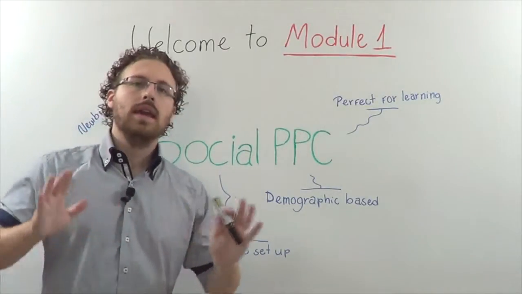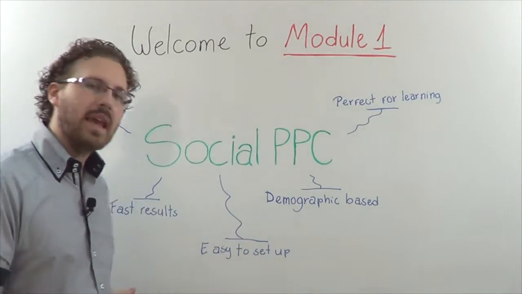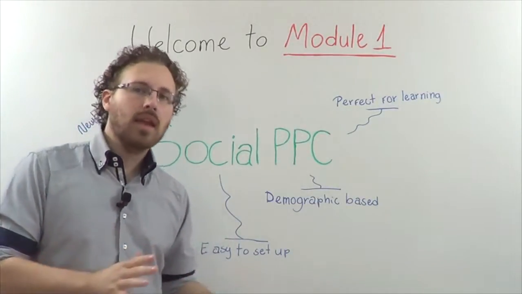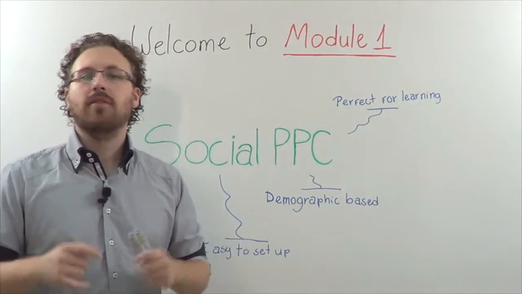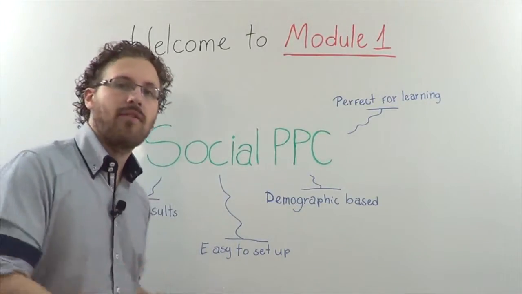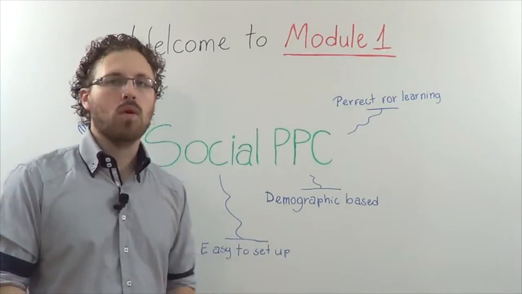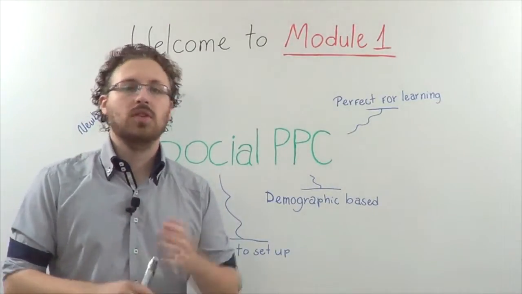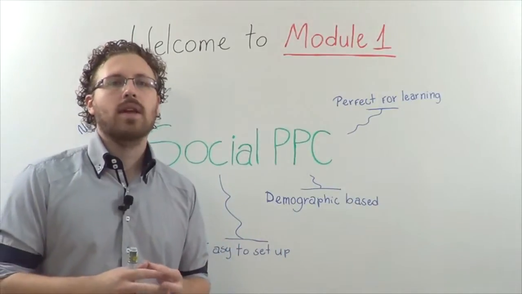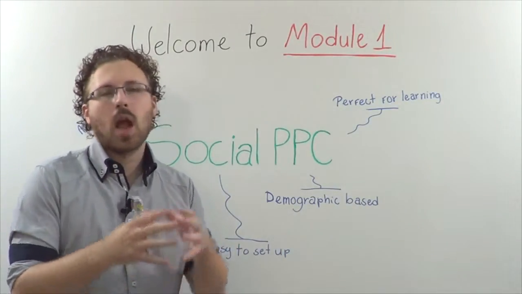Long process. No, it isn't necessary. With social PPC, the campaigns are easy to set up. You won't necessarily be direct linking, but they are fast to set up, and once you set up your initial campaigns, it's really fast to get the ball rolling. So you're not going to have to worry about creating a very complicated structure for your campaigns.